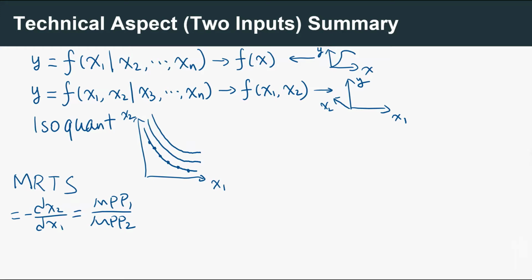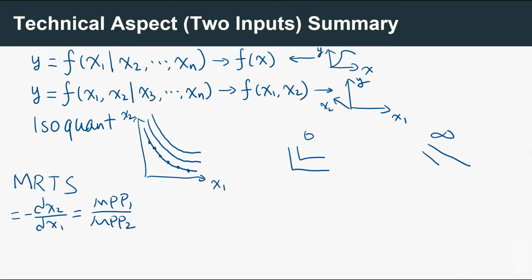And we also introduced the concept of the elasticity of substitution, but here I'm not asking you to derive it or calculate it mathematically. However, you do need to understand what an elasticity equal to 0 or infinite means. If elasticity is equal to 0, that means there's no substitution between the two inputs, and the isoquant curves have the L shape.